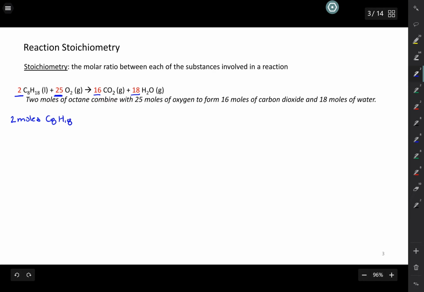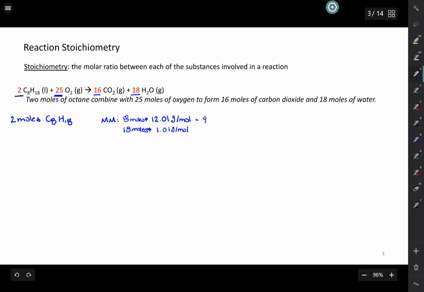and we want to know how many grams of octane that is, well, we'll just calculate the molar mass of octane by saying 8 moles times 12.01 grams per mole, and 18 moles of hydrogen at 1.01 grams per mole.